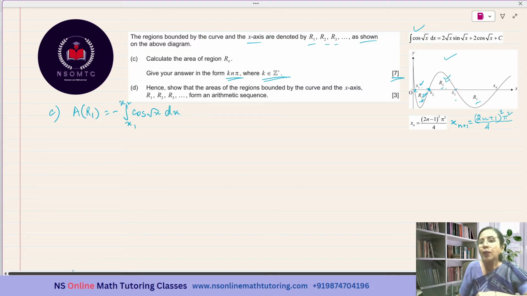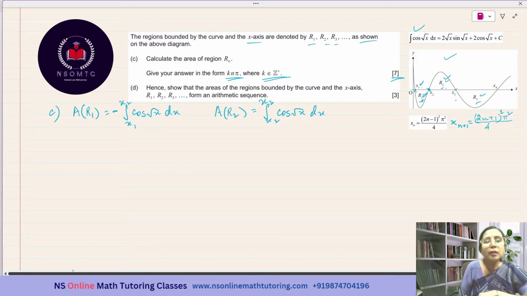Not only for R1, for R3, for R5, we will be having a leading negative sign because these are below the x-axis. Whereas for area of R2 or R4 or R6, it will be, for R2, from x2 to x3. Since it is above the x-axis, I will not be putting a leading minus sign. It will be cos root x dx. Okay.